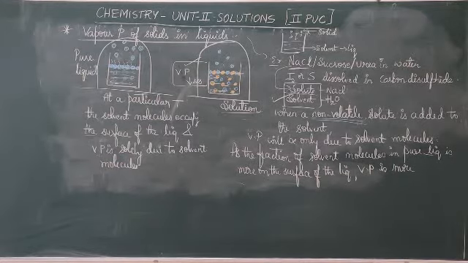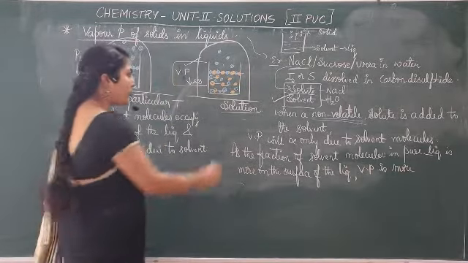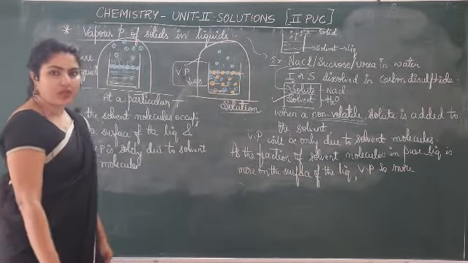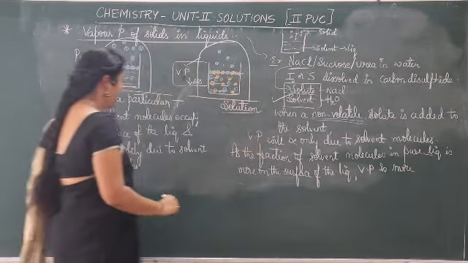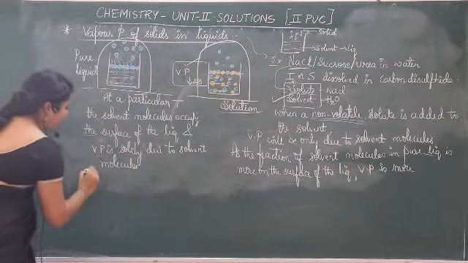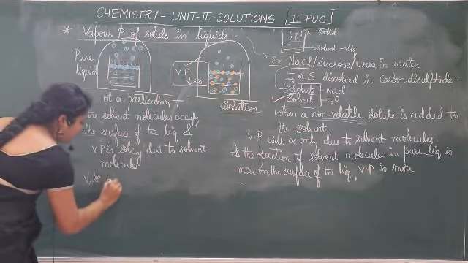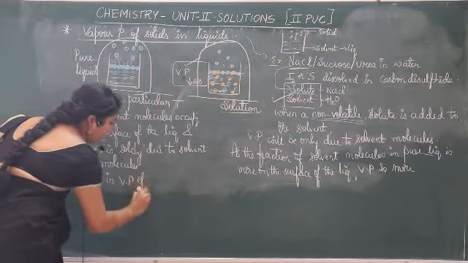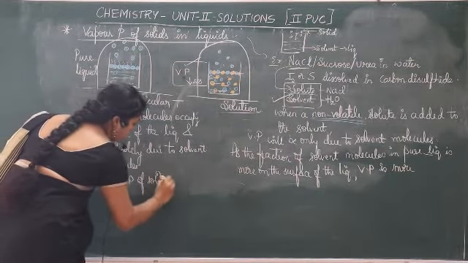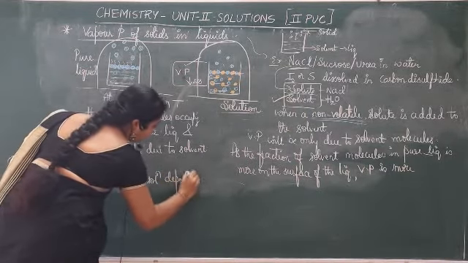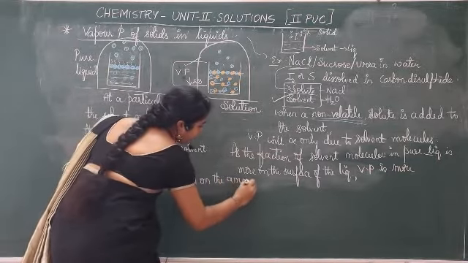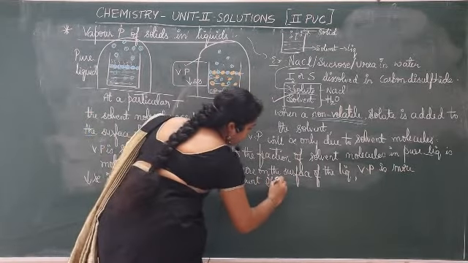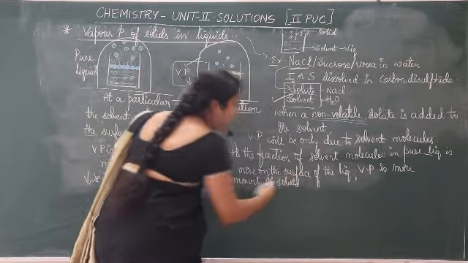So this next point you will write: the decrease in the vapor pressure of the solution depends on the amount of solute, irrespective of its nature.